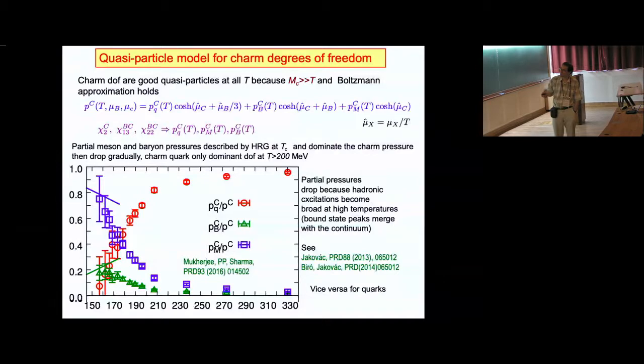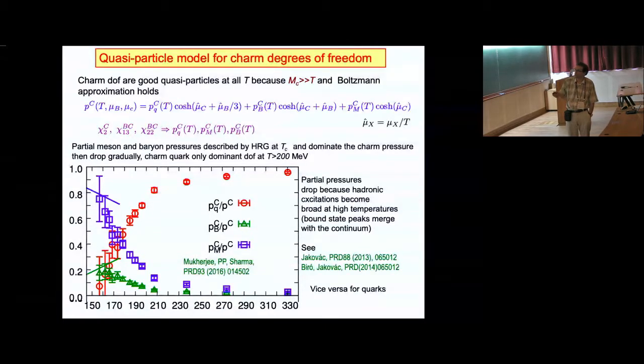And the same is true for the baryonic pressure component of the total charm pressure. It is smaller, of course, but it is sizable around the transition temperature. As you go above the transition temperature, it decreases, but it does not instantaneously go to zero; it decreases very slowly. So, for example, if you consider 200 MeV or 190 MeV, then a significant part of your pressure comes also from charm mesons and charm baryons.